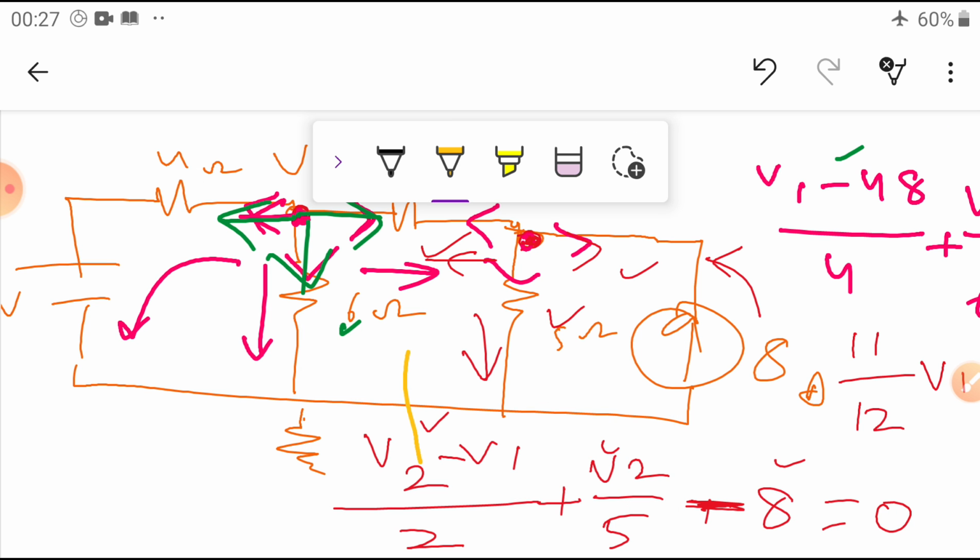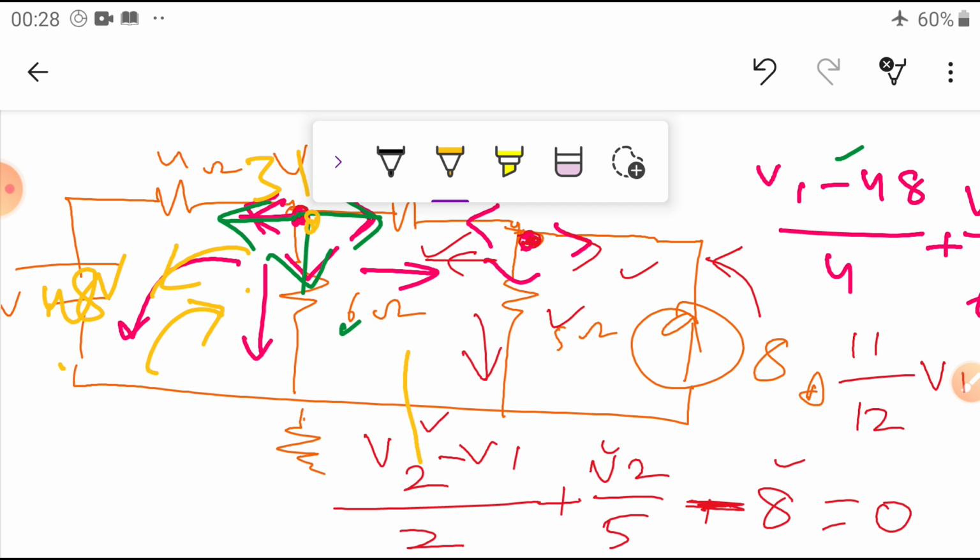Now what is V1? V1 is 31 volts, but here is the 48 volts. We assumed the current is flowing in this direction, but how is it possible? Current has to move from the higher voltage to the lower voltage. So the current is 31 minus 48 by 4, and we get a negative value.